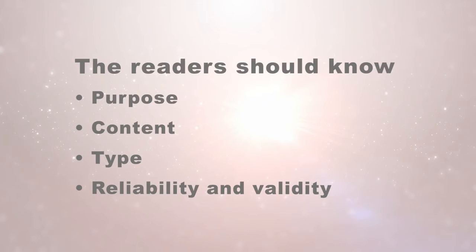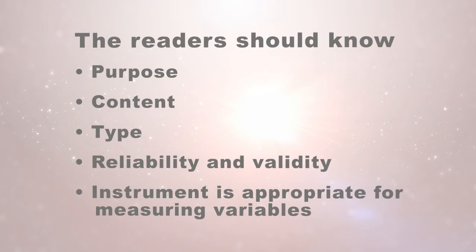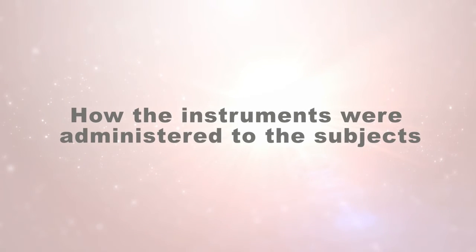It's important as a reviewer when you critique the paper that you assure that the instruments are appropriate to measure the variables in the research questions. The author needs to clearly describe how the instrument was administered to the subjects. Was it a survey? Was it an interview? Exactly what were the procedures done to administer the instrument to the subjects?